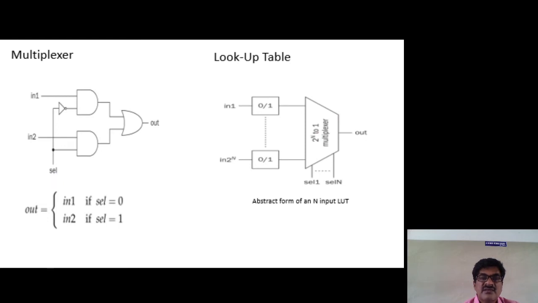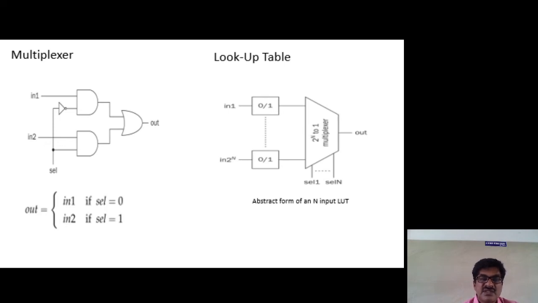Whatever the input 1 is, that is connected to the output, because if the select value is 0, one of the inputs for the upper AND gate is 1, whereas for the second AND gate, one of the inputs is 0. And we know in an AND gate, if one input is 0, the output is always 0.